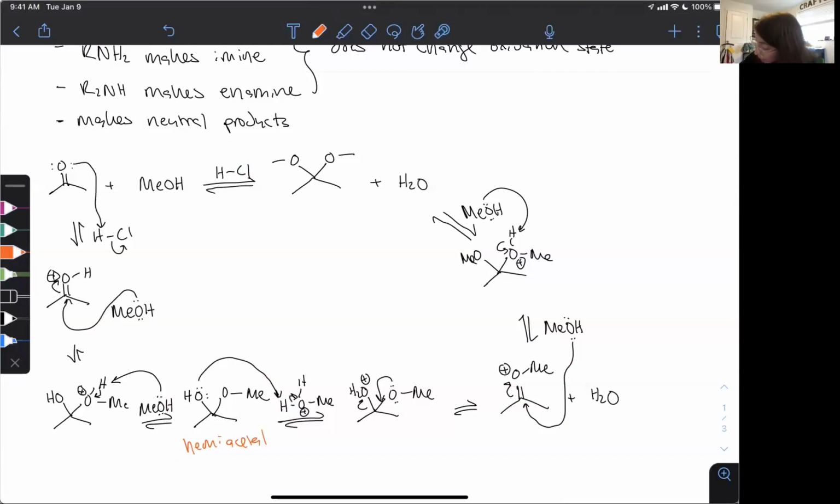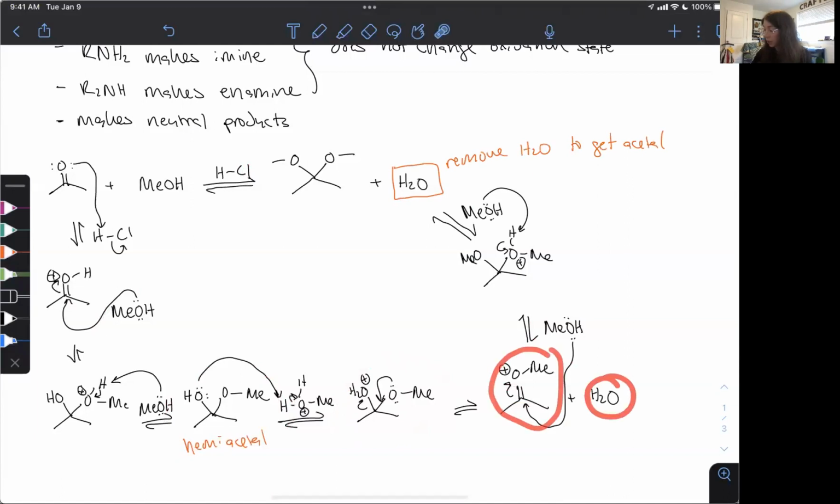So the way that we get the acetal to form is we need to remove this water. Okay, so if we look at this step, that's the step where we actually lose the water. Once we get here and we're kind of taking away the water, really the only nucleophile that's left for us is the methanol, right?